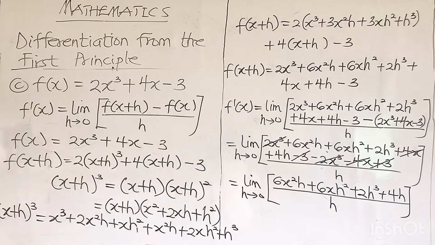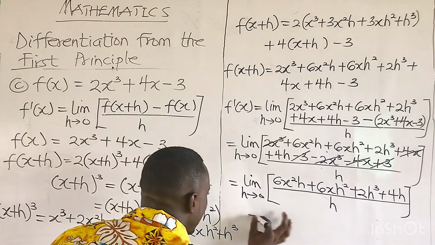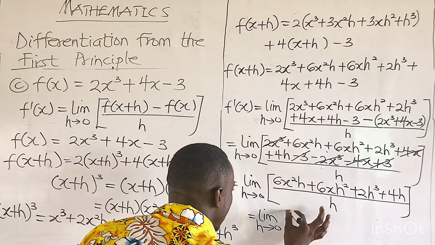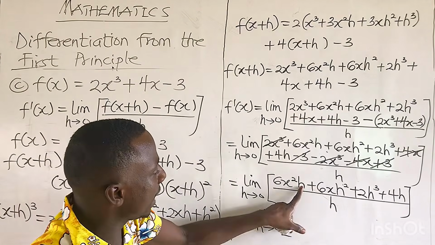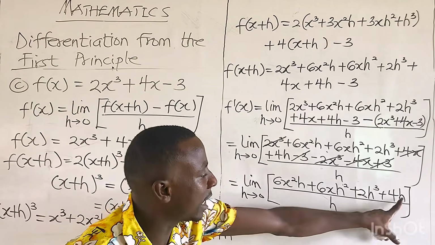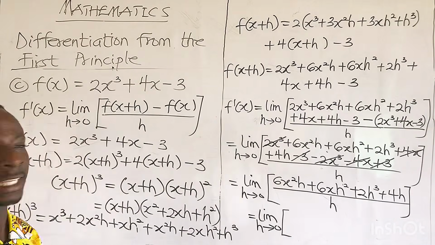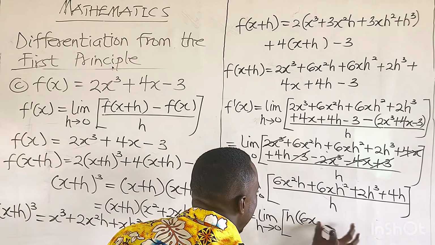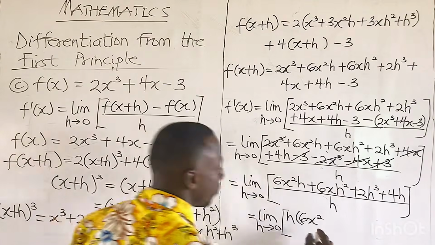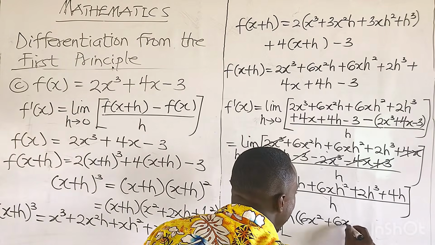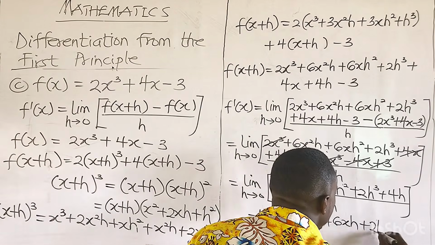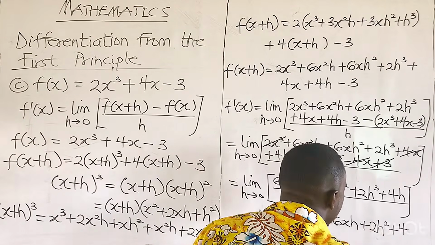Now when you get here, you must factor h out. So I still have limit as h approaches 0 in a big bracket. H is here, h is here, h is here, h is also here. So I can factor h out. So I have h into bracket 6x squared. So this h is off, plus 6xh. I have taken one of the h, plus 2h squared plus 4.